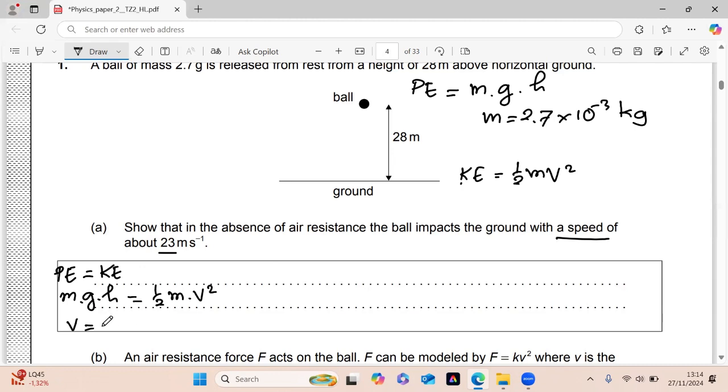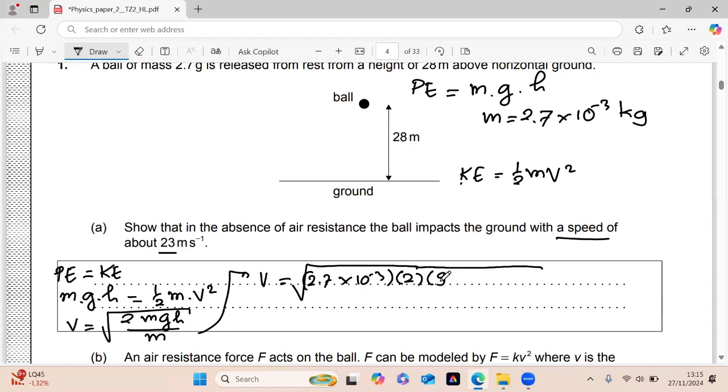So v equals square root of 2 times m g h over m. v equals square root, m is this one, 2.7 times 10 power minus 3, times 2 times g, 9.81, times h, it is 28 meters, over m, right? m is 2.7 times 10 power minus 3.